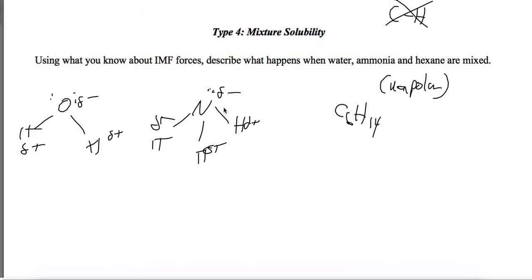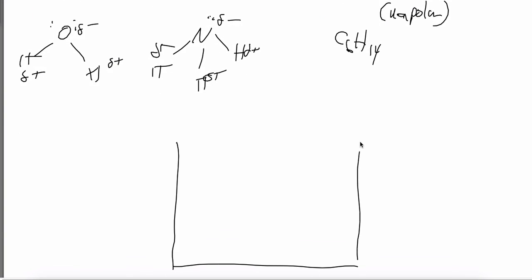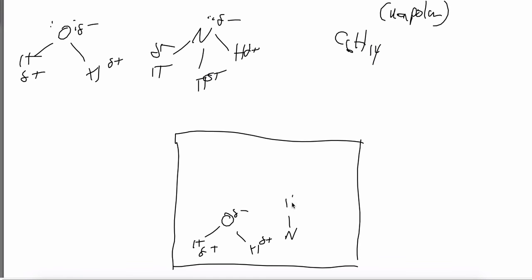Well, when you mix them, all the magic is going to happen. So if we put them in a box like this, water can form a ton of hydrogen bonds. So we're going to get the water, which is partially negative and partially positive, connecting with itself, but then it's also going to connect here with the ammonia.